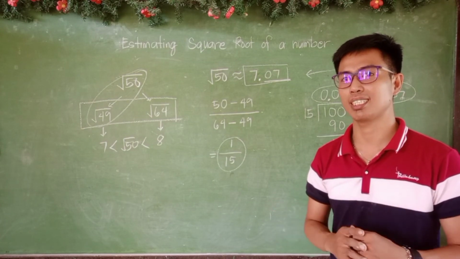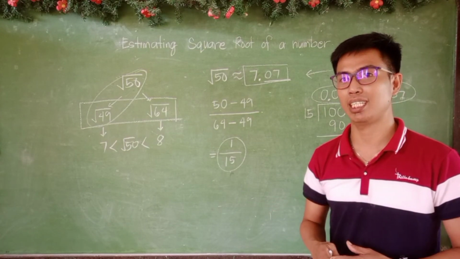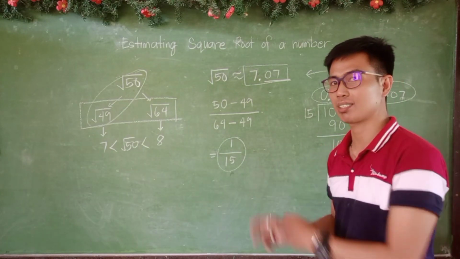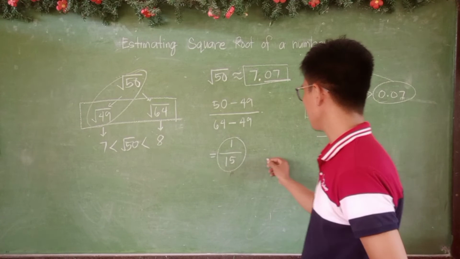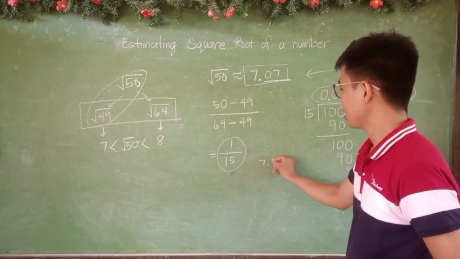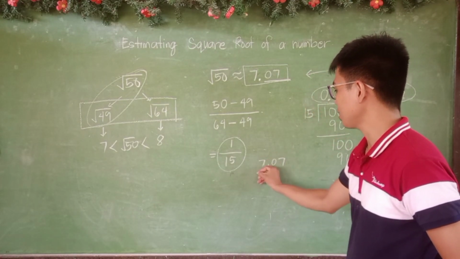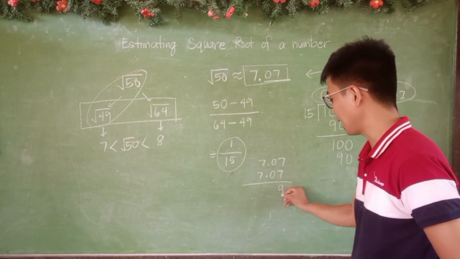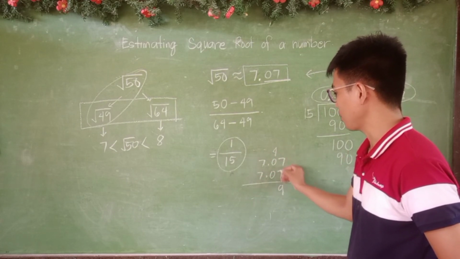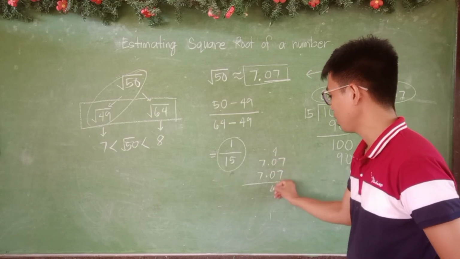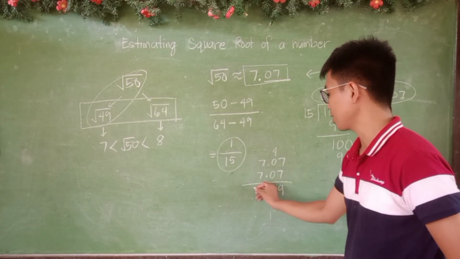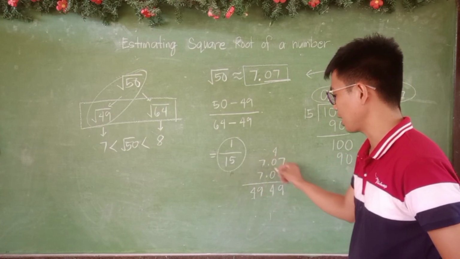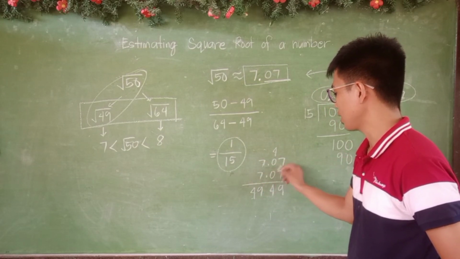Then, kung gusto nyo i-check, again, i-multiply nyo sa sarili yung 7.07. So, check natin kung gusto nyo makita. That is 707 times 707. So, multiply 7 times 7 is 49. Then 7 times 0 is 0 plus 4. 7 times 7 is again 49. Pwede na natin laktawan yung 0, or sige, multiply pa rin natin.